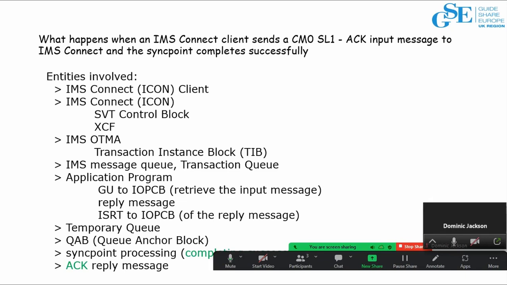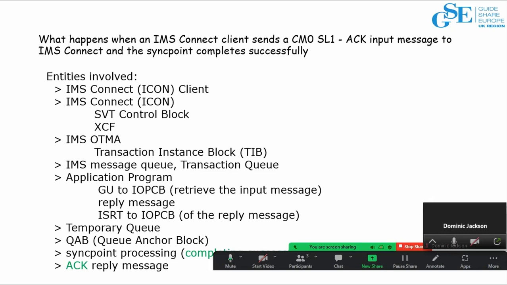So CM0 stands for commit mode 0, as I have said, which is the commit then send commit mode. This is actually the opposite of CM1, which was send then commit, right? So in CM1, IMS sends out the response first, and then it proceeds with the sync point processing of the unit of work. But for commit mode 0, it's the commit then send commit mode.